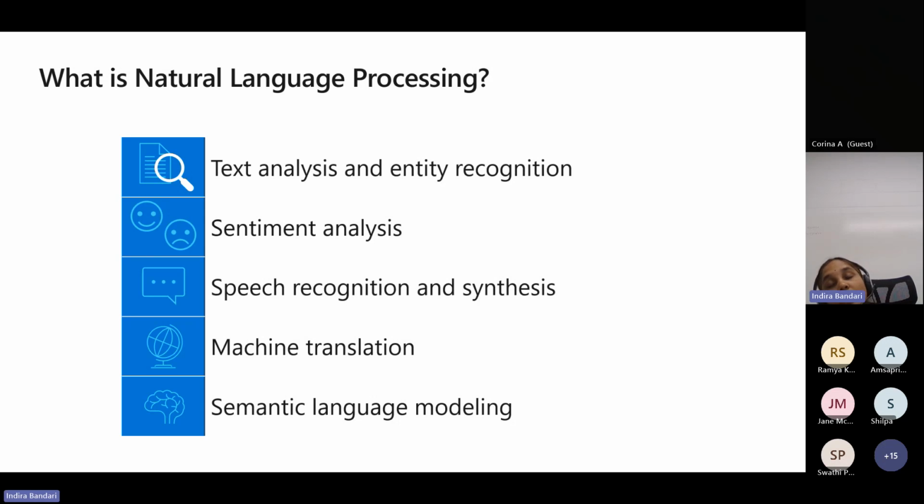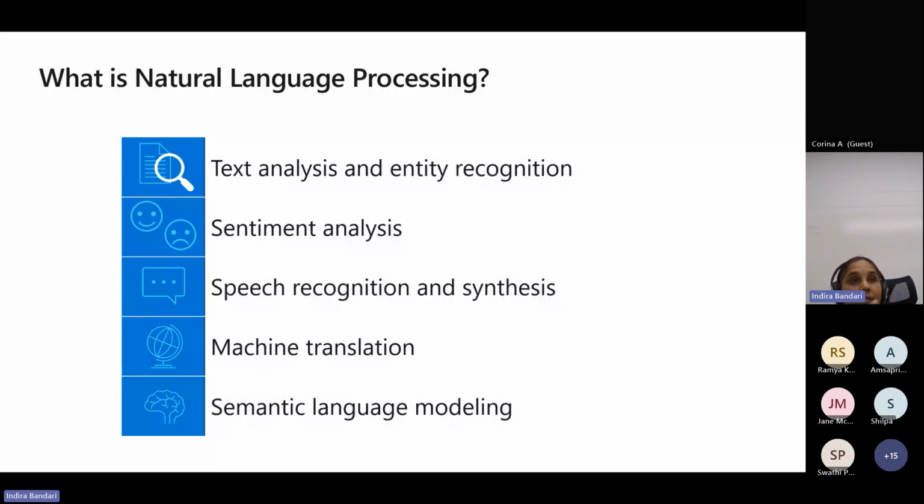And another type of natural language processing is machine translation. So what does machine translation mean? International and cross-cultural collaboration is often key to success, right? And this requires the ability to eliminate language barriers.